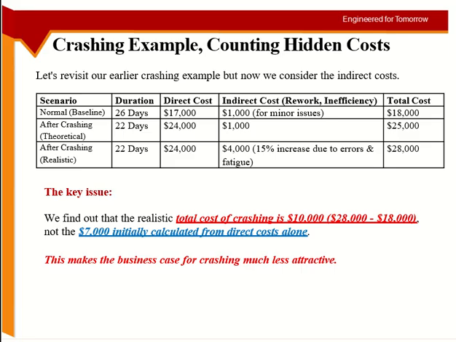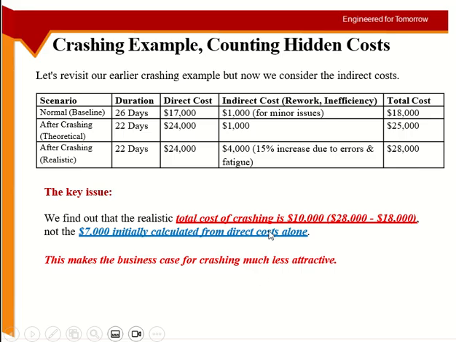So in the theoretical case, you are increasing the total cost from 18 to 25, an increase of 7,000. But if you consider the practical issues, you actually have $4,000 of indirect cost. So your cost has not increased by 7,000, it has increased by 10,000, from 18 to 28.